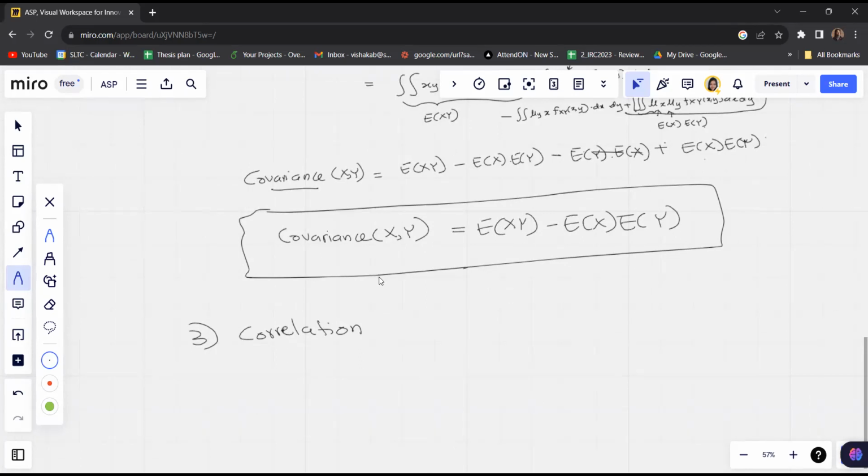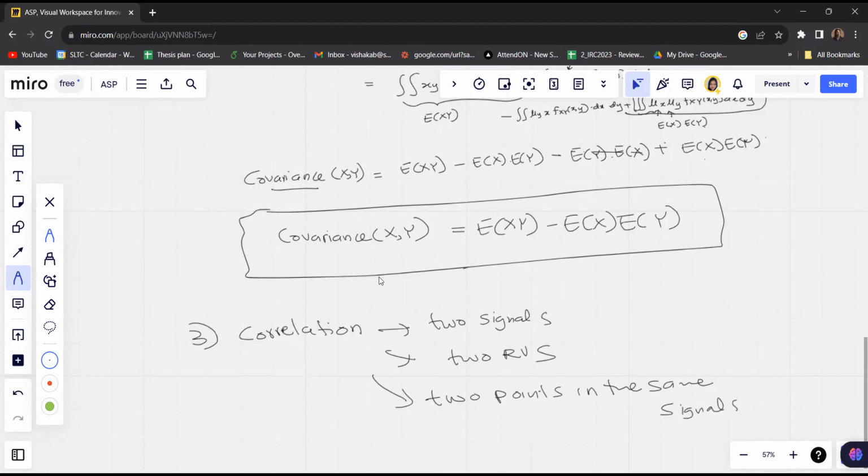So two random variables or two signals, where we are comparing two signals, and also 2 points in the same signal. If we try to study those, we will be talking about the correlation.